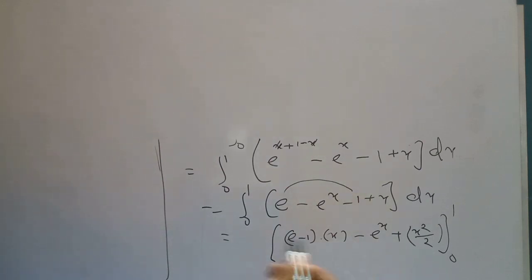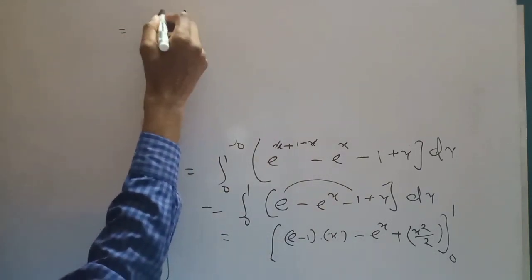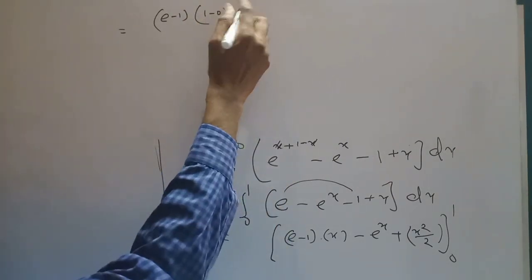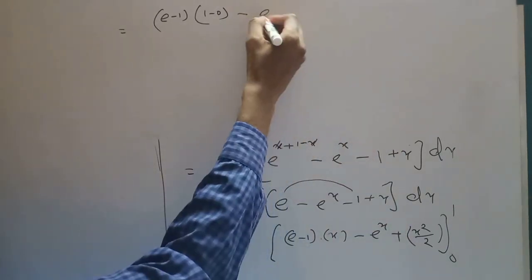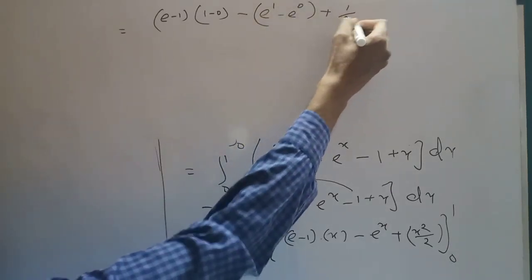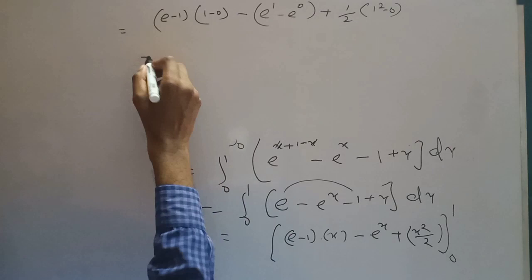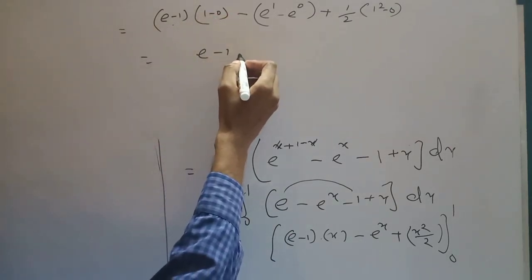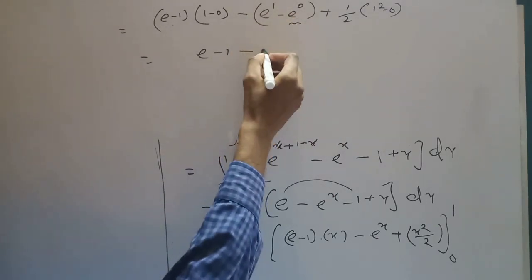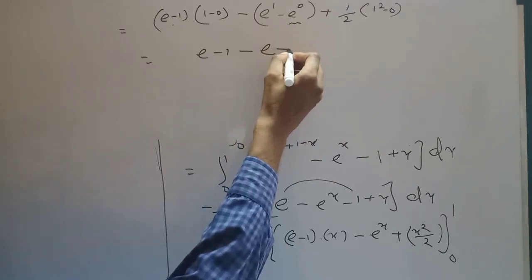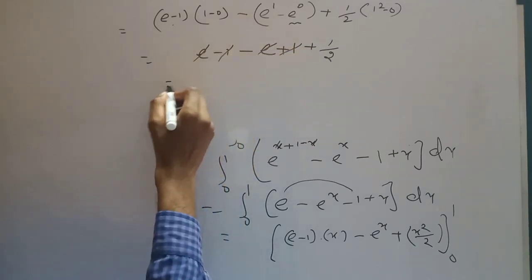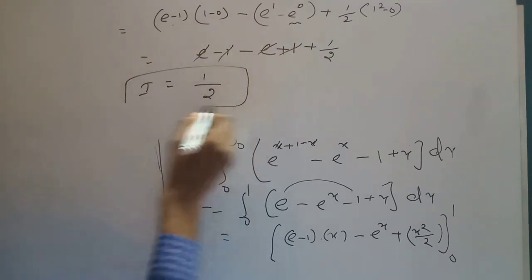Now apply the limit, upper limit minus lower limit: e minus 1 into 1 minus 0, minus e power 1 minus e power 0, plus 1 by 2 into 1 square minus 0. Simplify: e minus 1 minus e plus 1 plus 1 by 2. The e minus 1 minus e plus 1 cancels, so 1 by 2 is the answer.